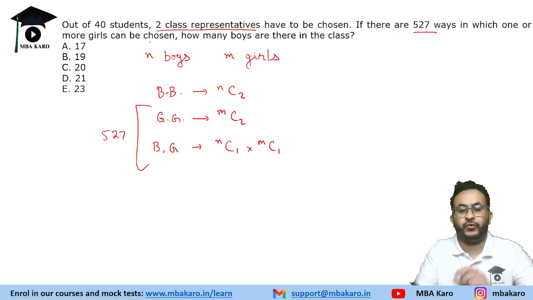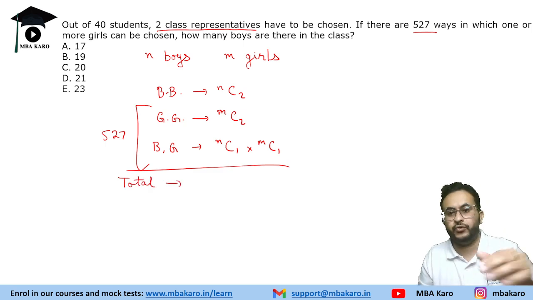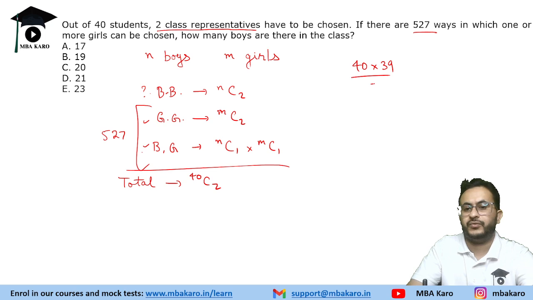And total ways is how much? Total ways of selecting 2 people is 40 C2. Whatever is the total number of people, C2. So total we have 40 C2. This total is given to us: girls-girls and boys-girls. And this we need to find out. Now 40 C2 is 40 into 39 by 2.